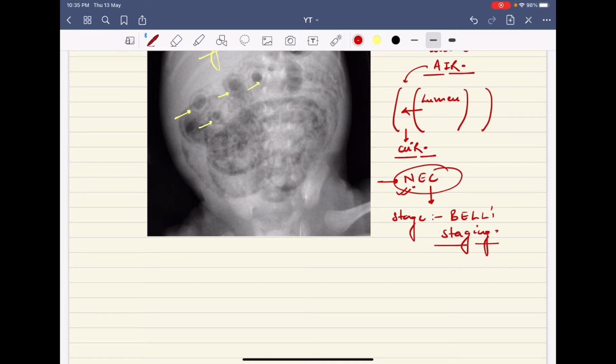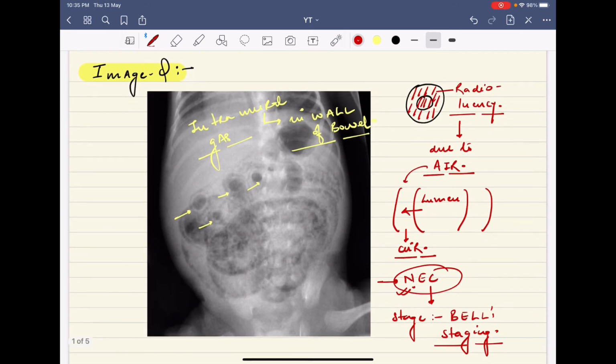So in this image they have shown that there is gas in the wall of the intestine. So the term which is used for gas or air is pneumatosis, and it is present in the intestine, so it is known as pneumatosis intestinalis.